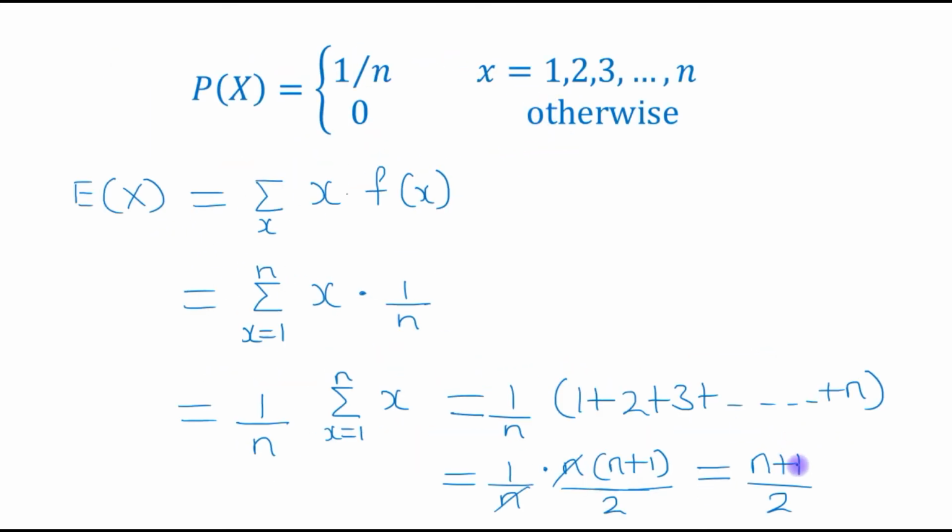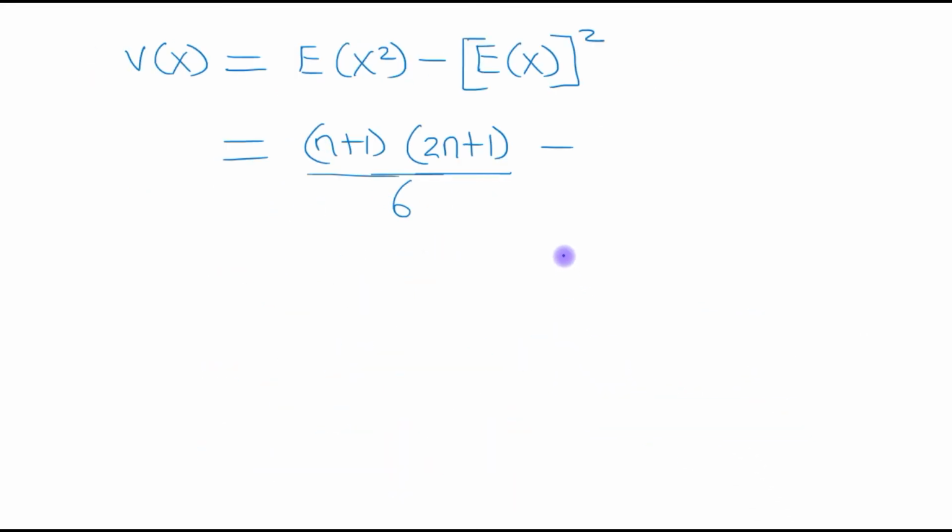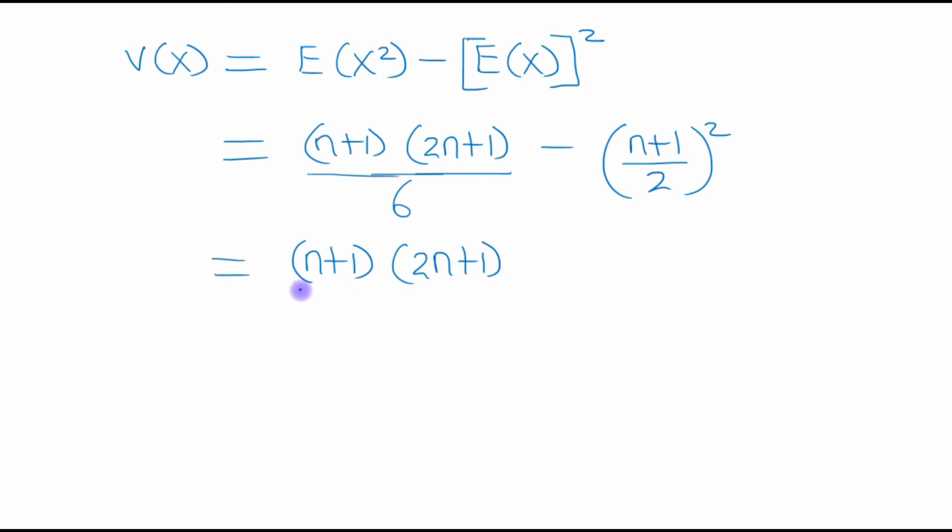E(x) was n plus 1 upon 2. So n plus 1 upon 2 whole square. Next step, n plus 1 into 2n plus 1 upon 6 minus n plus 1 whole square upon 4.